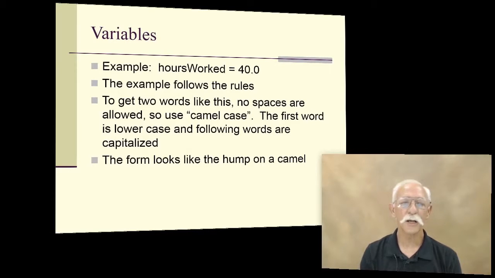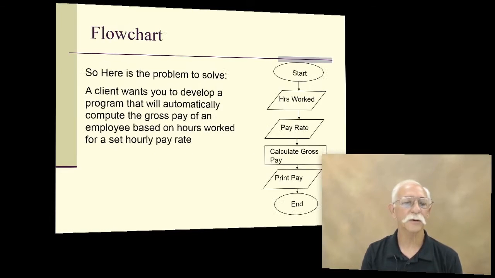So now your eyes will automatically see two separate words. One is hours, and the second one is worked. We call it camel case because if you just look at it, it looks like the W forms the hump of a camel. And of course, if you've got two words that are capitalized, you've got a two-hump camel. So that's where the term comes from, and it makes sense. But that gives us an example to follow.